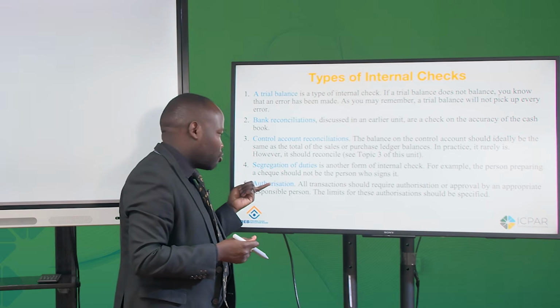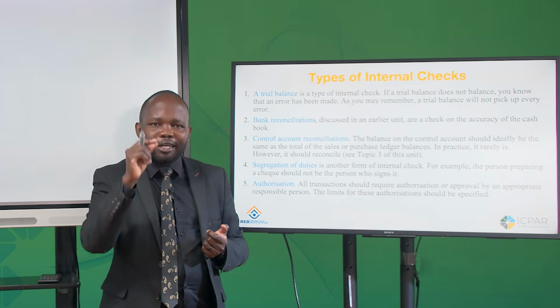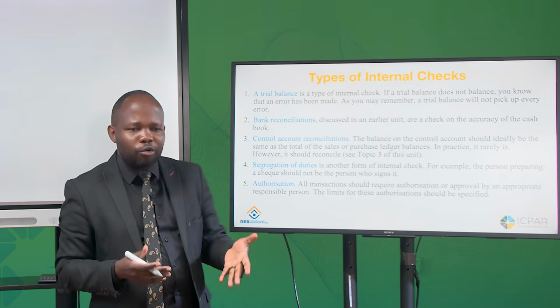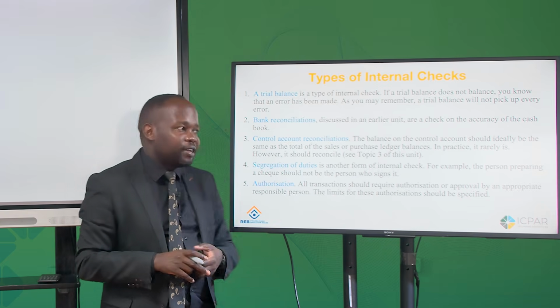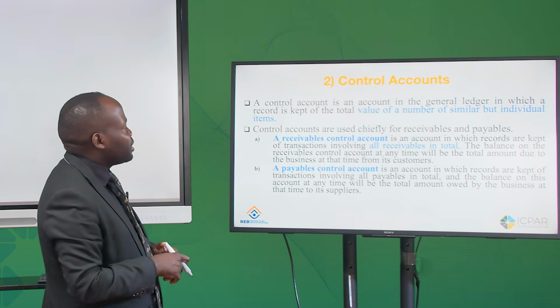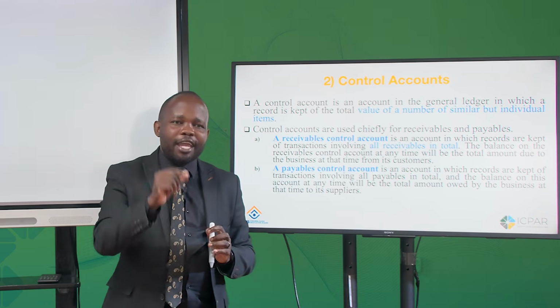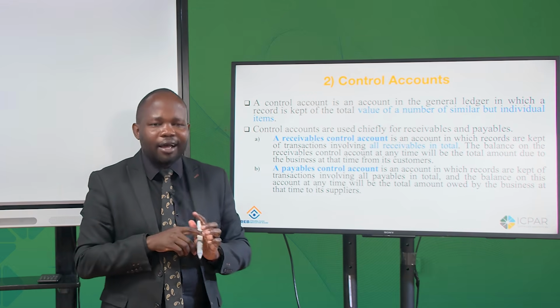And another control that can be there is authorization. Every payment to be made must be authorized by a person who is not the one making the payment. So those are the different types of internal control measures that we can have. Control accounts. In our introduction, we have said there are two types of control accounts.